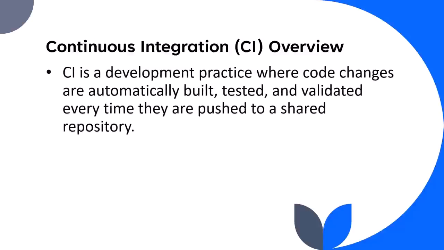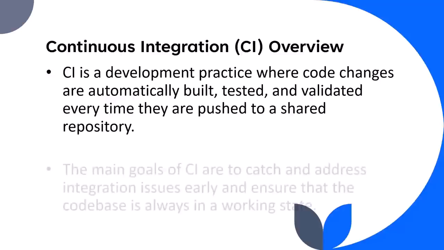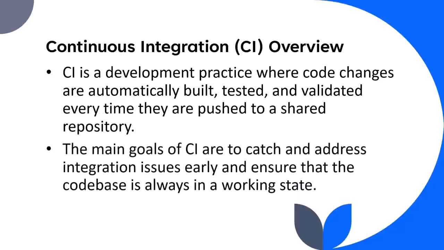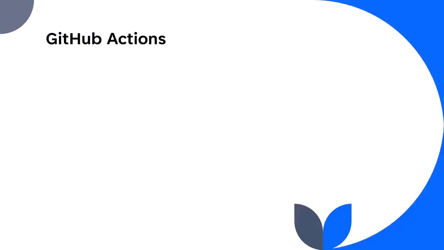CI is a development practice where code changes are automatically built, tested, and validated every time they are pushed to a shared repository. The main goals of CI are to catch and address integration issues early and ensure that the code base is always in a working state.